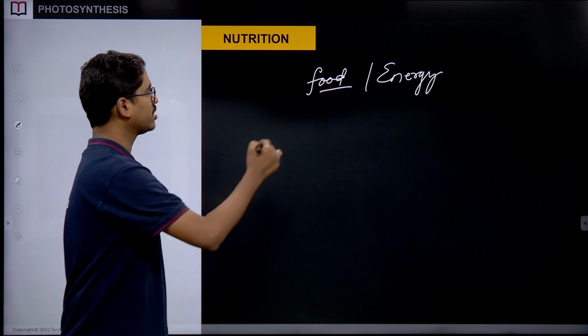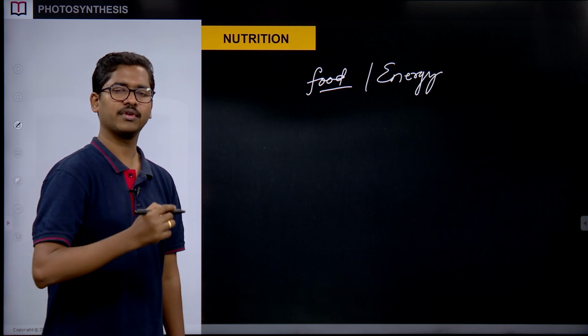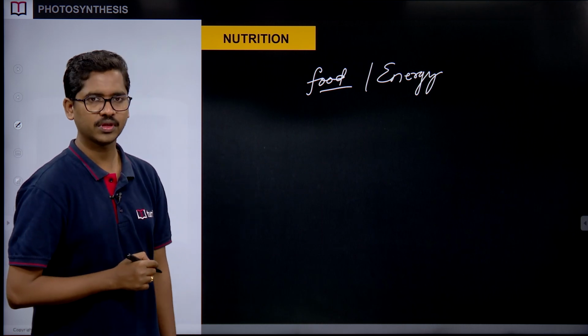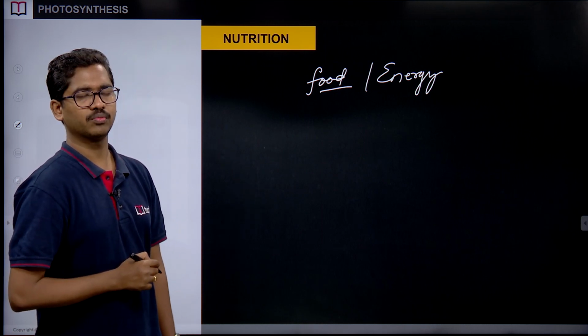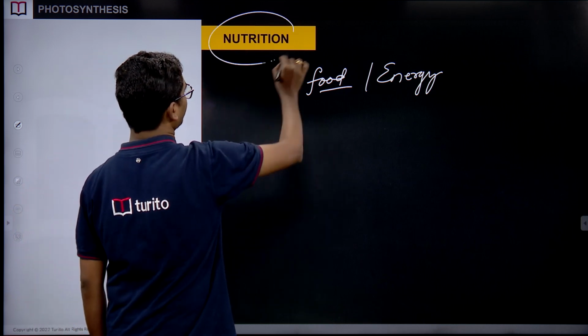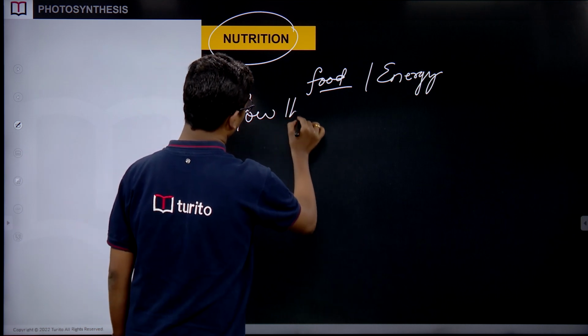So, between food and generation of energy we need to understand something. Food is available in the environment as a source of food, and when it is consumed, one has to understand in the discussion of nutrition how the food is consumed.